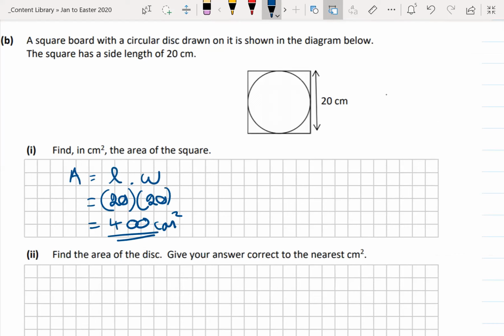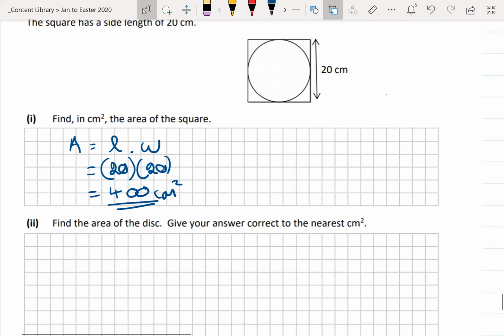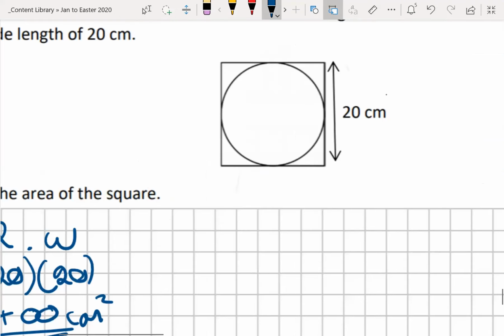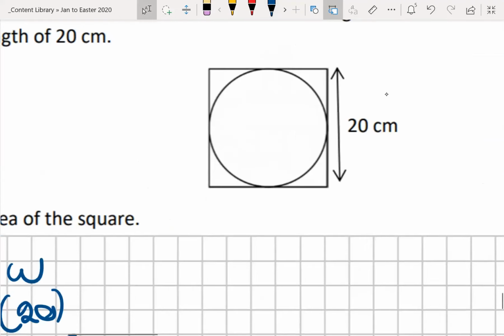Find the area of the disk, as I said. To get the area of any circle, you need to know what the radius is. So we know the diameter is 20. If the diameter is 20, the radius is half of that, which is 10.